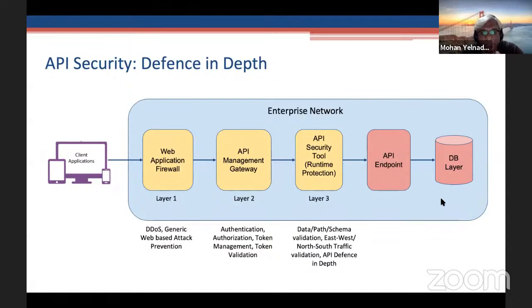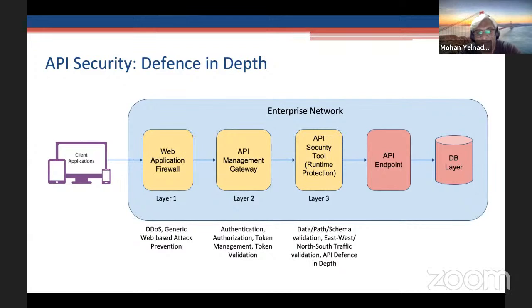Here I'm talking about how API security has been spread out at different levels, because it is appropriate to handle these areas at different layers in the overall enterprise network. And that gives us, as Mitesh rightly said, the defense in depth for the APIs.